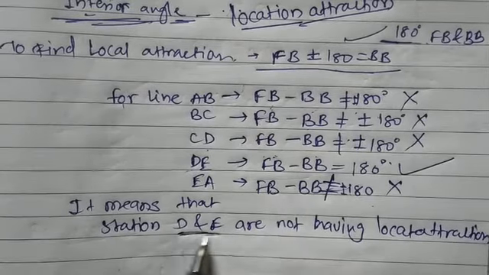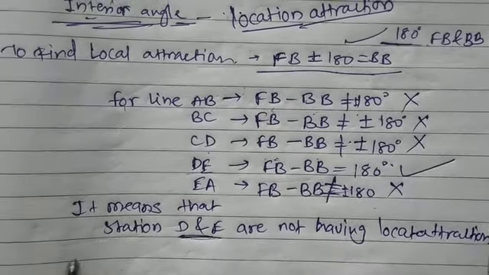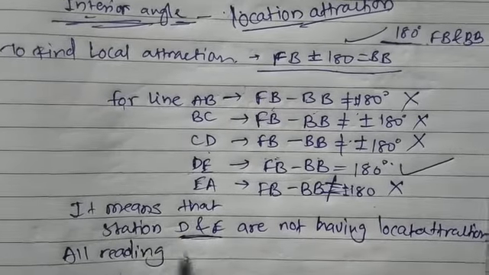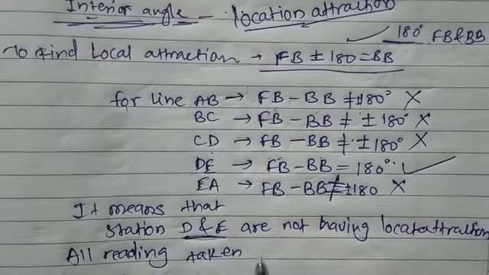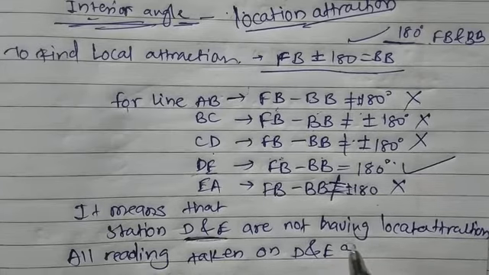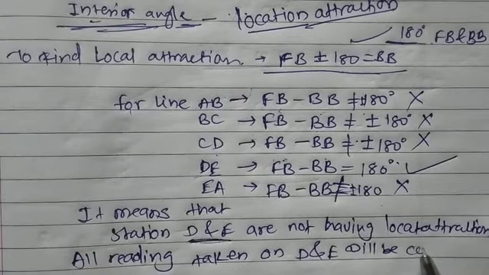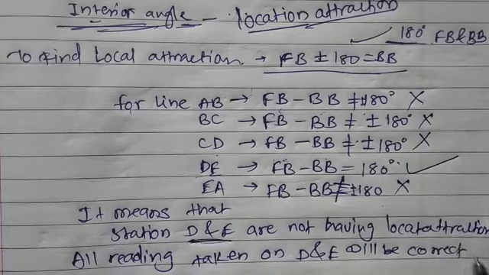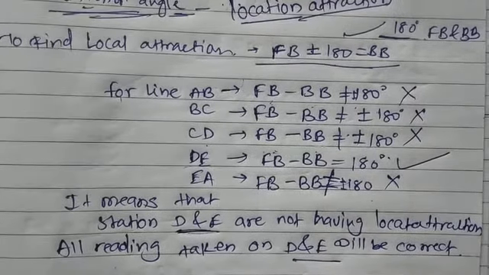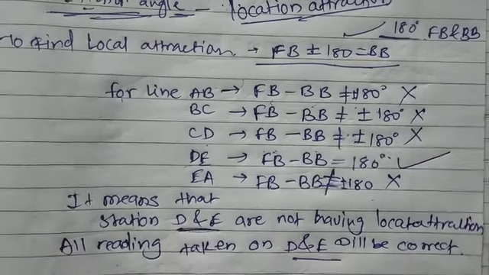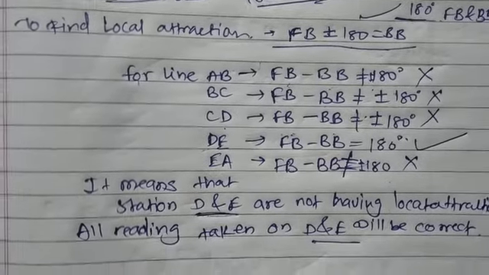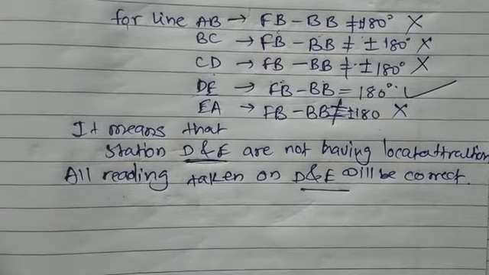So this means that all the readings taken on D and E will be correct, as these two stations do not have local attraction. So all the readings which are taken on D or E will be error free.